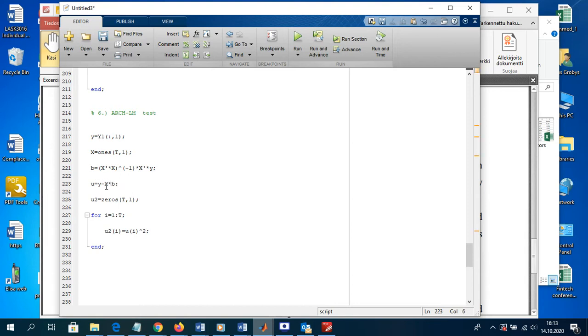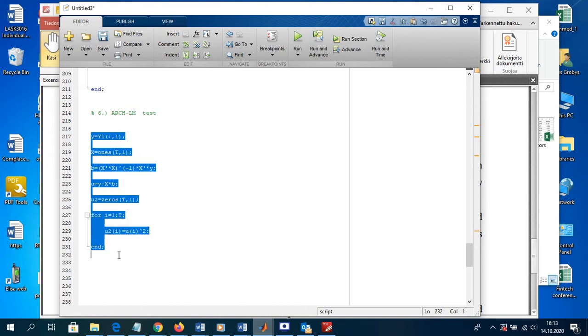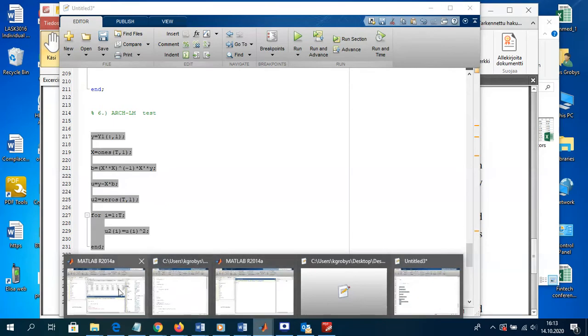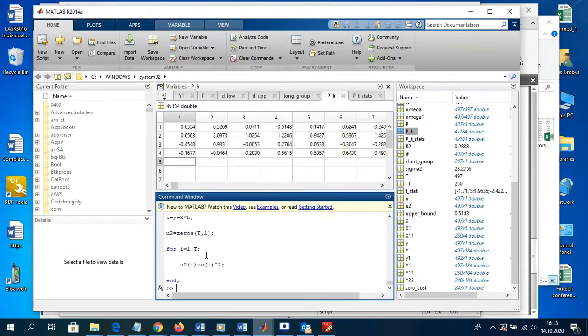The residual is defined as y minus X times beta, and not beta times X prime. So again, let's copy this part of the code, paste it in, and now let's plot our squared residuals.